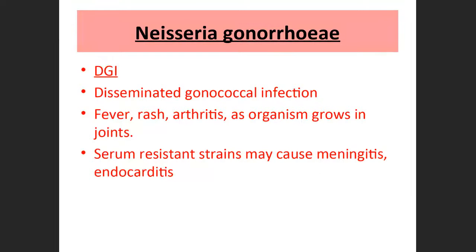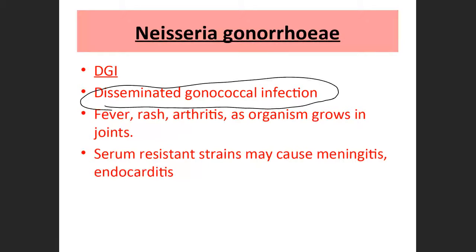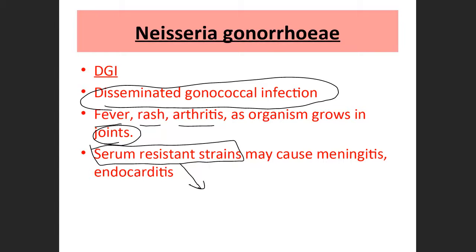Disseminated gonococcal infection is when the organism goes into the blood and begins to travel through the body, causing fever, rash, arthritis, if it deposits itself in joints. The organism is serum resistant. From chapter 16, what that means is that it prevents complement activation.